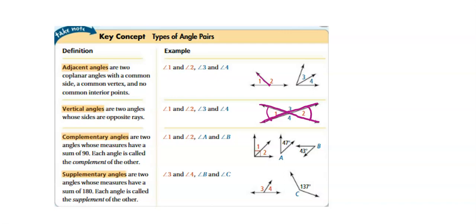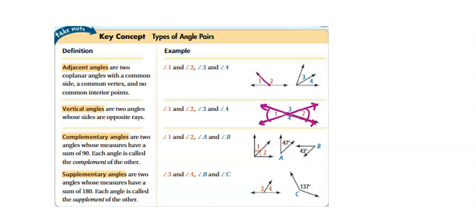And this side of angle 1 is an opposite ray to this side of angle 2. This side of angle 1 is an opposite ray to this ray from angle 2. So 1 and 2 are vertical angles.